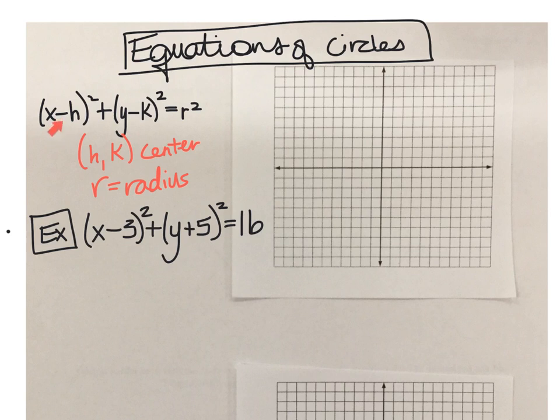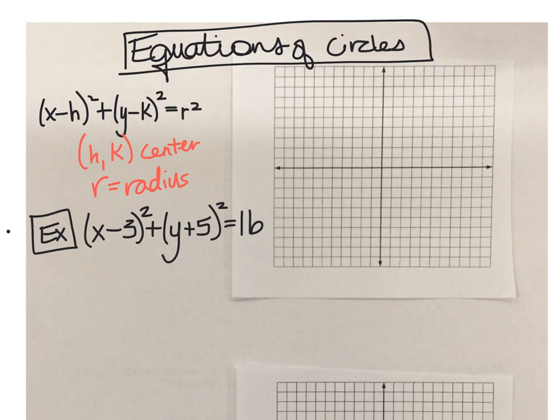If you remember from algebra, we used to do transformations. You do transformations where what's inside is opposite and what's outside is the same. So these things that are inside are going to be opposite, the H and the K, and they're going to give you the center. And then the number on the end is whatever the radius was squared.